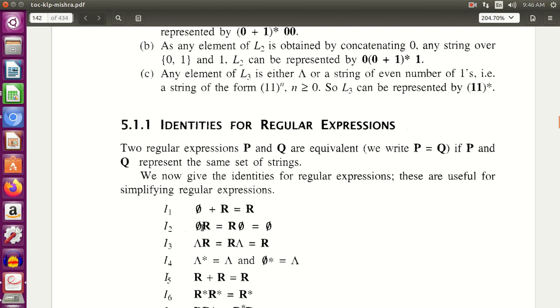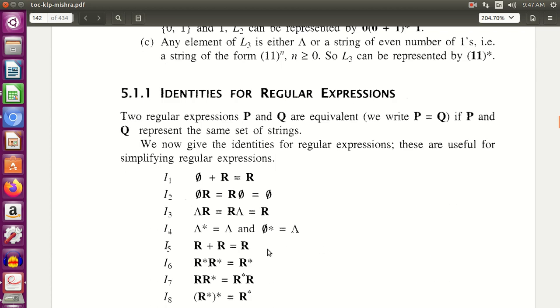And null is something, the language itself is an empty language. So empty language with r will give you empty null, but a string or a language whose length is zero, you can write lambda also, epsilon also, that would give you r. Again, lambda star will give you lambda, null star will also give you lambda. R plus r gives r.